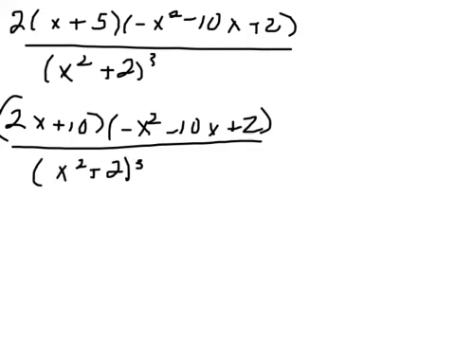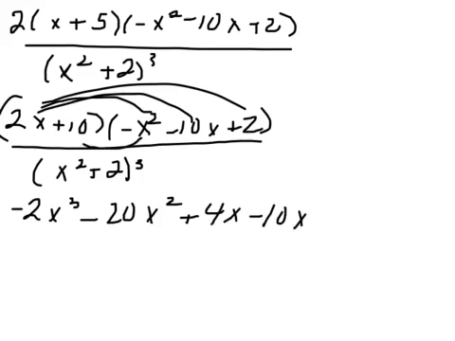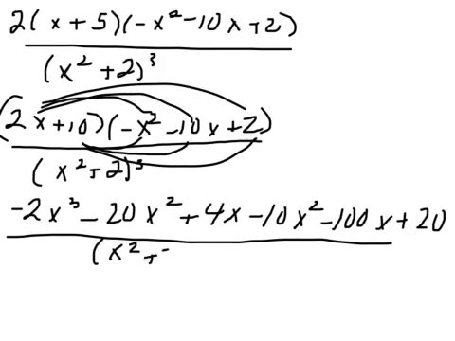So here's why people say algebra is the bane of calculus. 2x times negative x squared would be negative 2x cubed. 2x times negative 10x would be minus 20x squared. And 2x times 2 is 4x. Now distribute your 10. 10 times negative x squared would be minus 10x squared. 10 times negative 10x would be minus 100x. And then 10 times 2 is 20. Okay, so that's all over x squared plus 2 cubed.